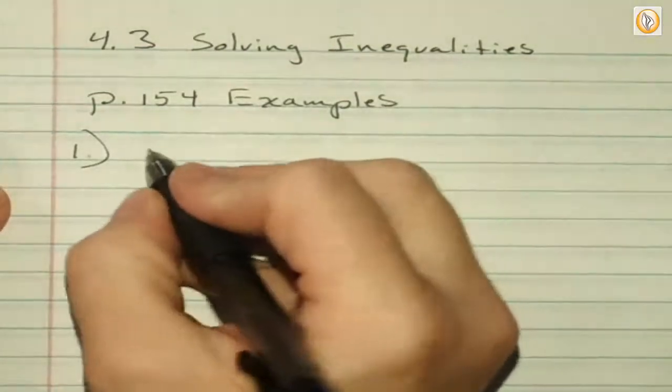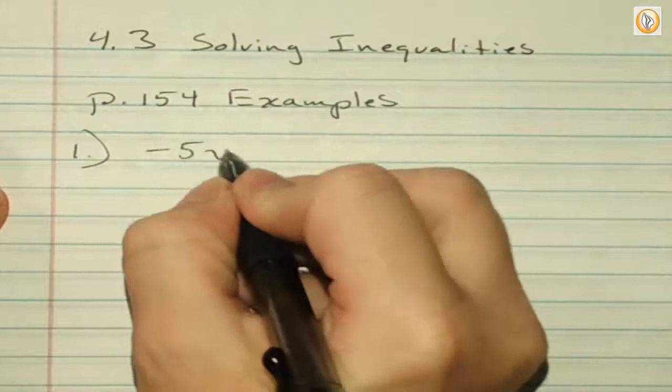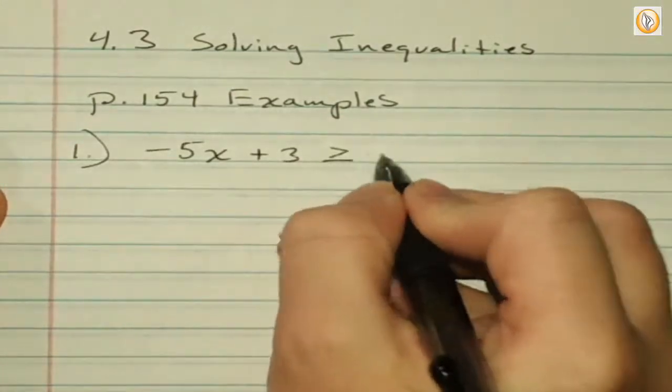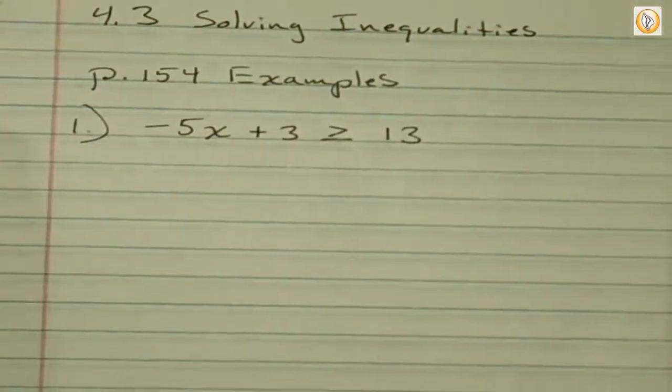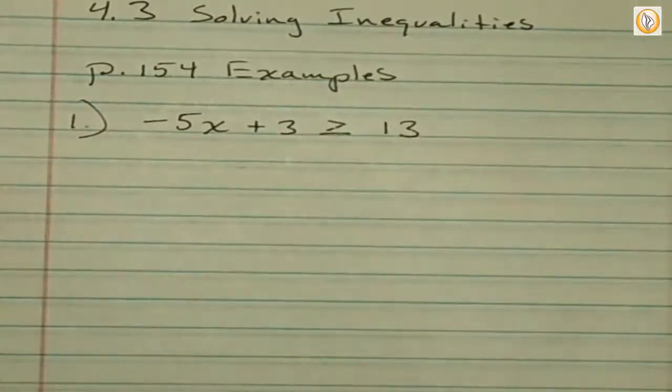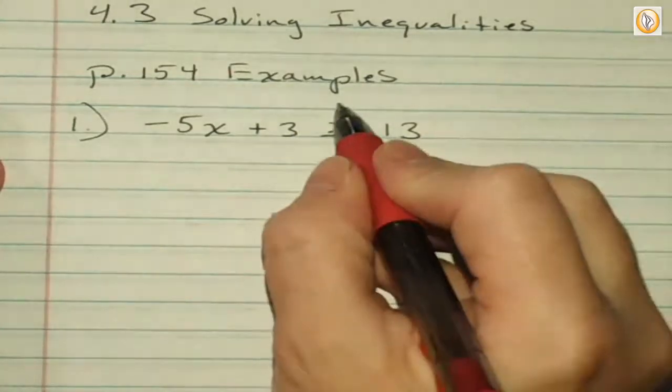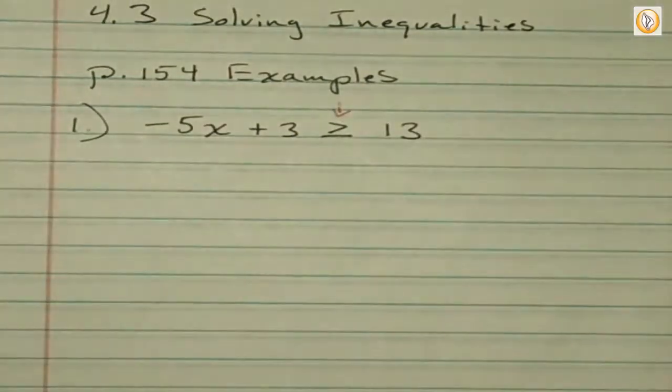All right, so number 1, negative 5x plus 3 is greater than or equal to 13. Guys, it is exactly the same as when you are solving linear equations, solving for the variable. The only difference is we have an inequality in place of an equal sign.